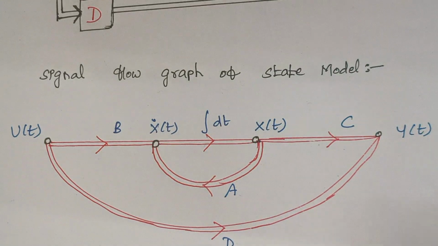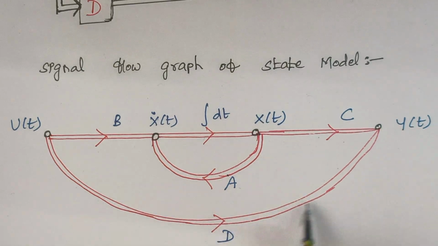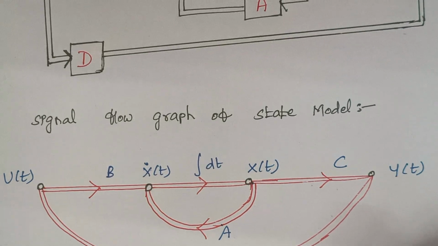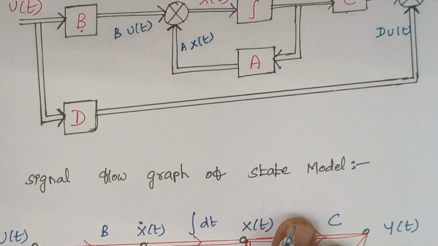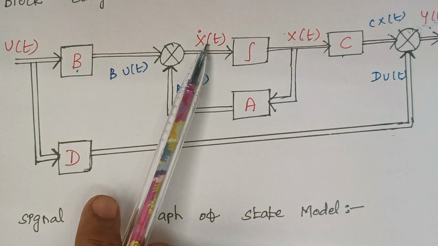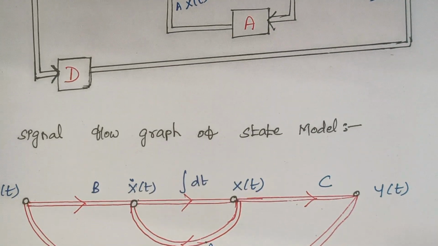Here is the feedback part, A, and in this feed forward path we are having D. Between u of t and x dot of t, that is B. You see, you can convert this block diagram to a signal flow graph as well. This is also an easy step. So we are having u of t, x dot of t, x of t, and finally y of t. This is what is represented here.